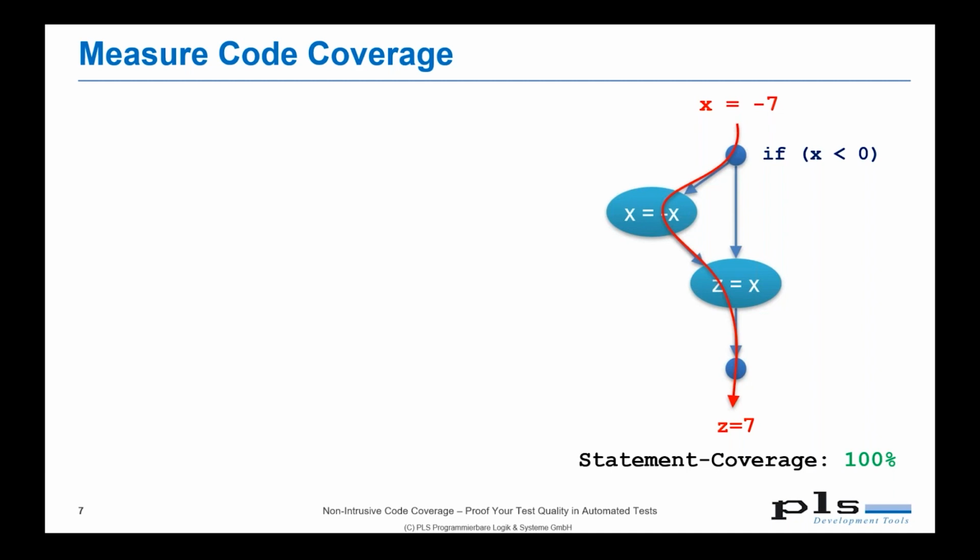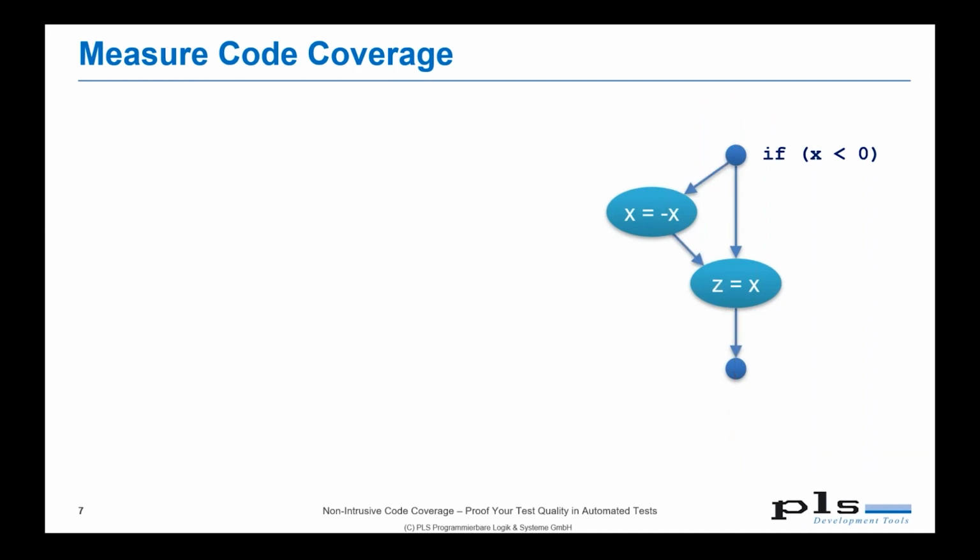But there is a path that was not tested, and this is the fall through path, sometimes also called the branch not taken path. If we want to test this path also, then we need a second test case.